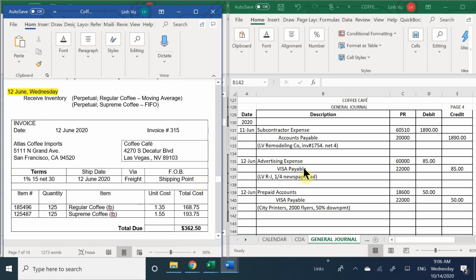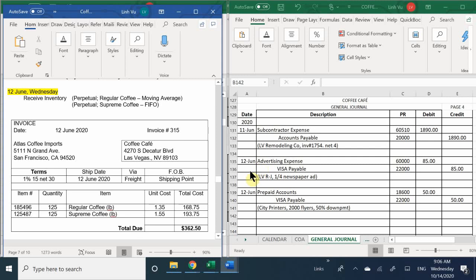We received the order, 125 regular coffee and 125 supreme coffee, with invoice 315 and with a term of 1%, 15, net 30.